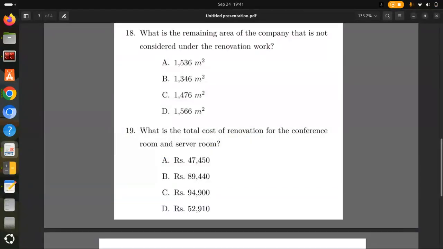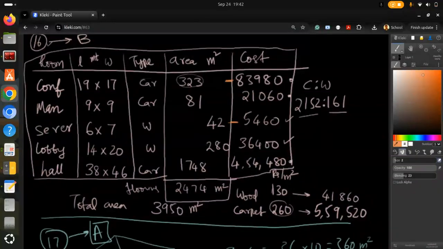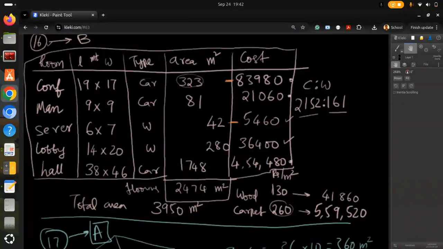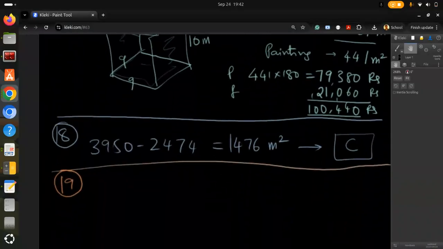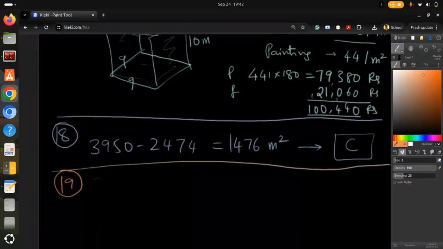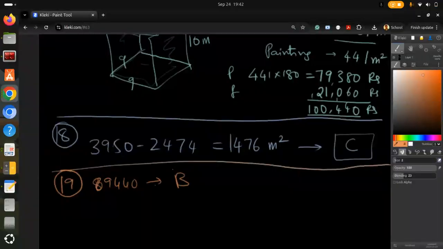Yes, option B is matching 89440. So that is our answer, option B for question number 19.